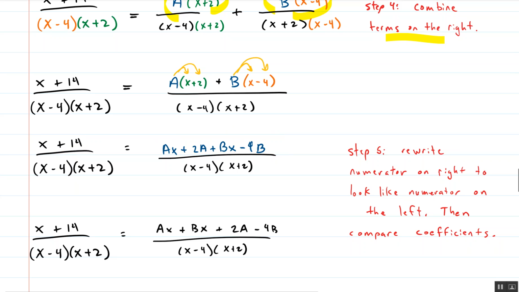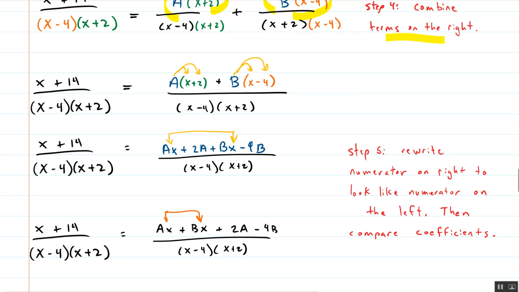So in other words, we have an x, and then we have everything else that doesn't have x on the left. So let's get together everything that has an x in it. We have an ax and a bx. So let's put those together, ax and bx.